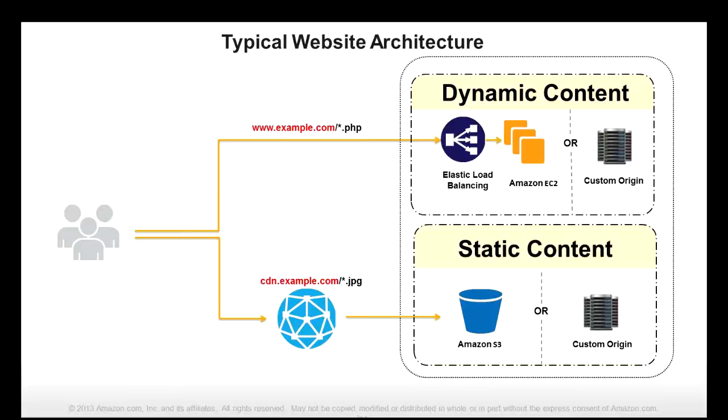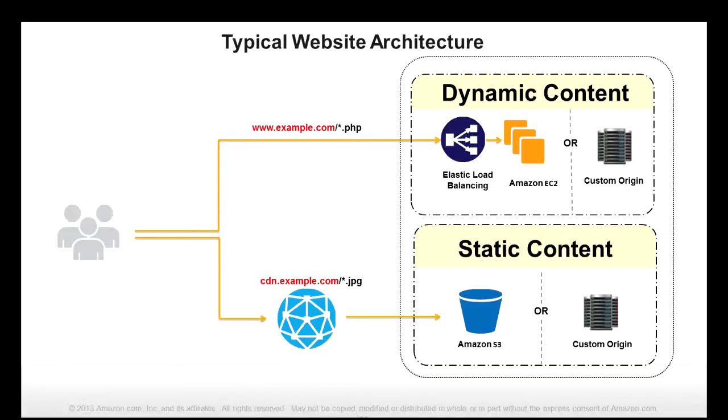Up top, you see www.example.com as the first domain name that points to the star.php path. And that request from the browser goes directly to the dynamic origin servers, which in this case happen to be an elastic load balancer with EC2 instances, or it could even be a custom origin running outside of AWS. And then the browser makes a second request to cdn.example.com, which downloads content for the star.jpg path, which are static images on this website.